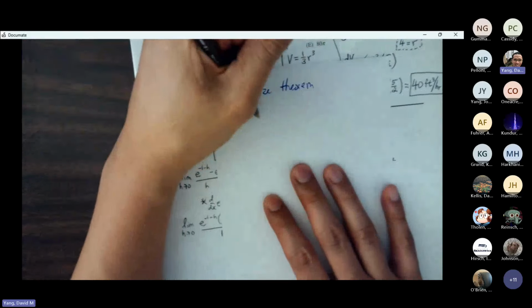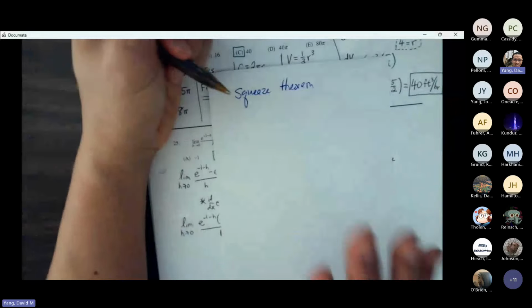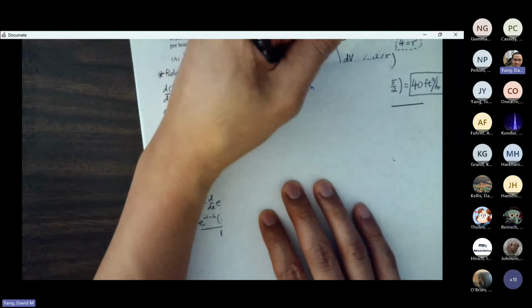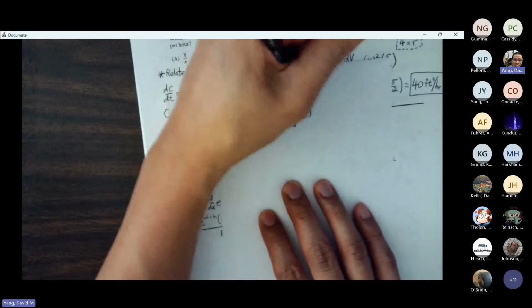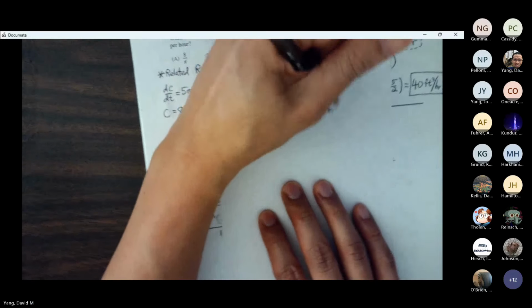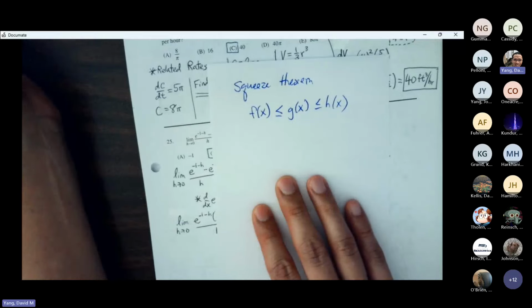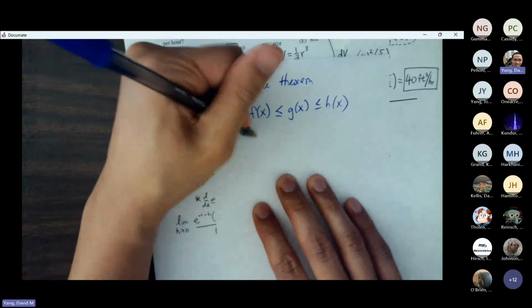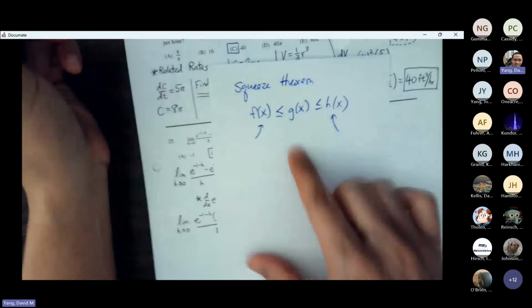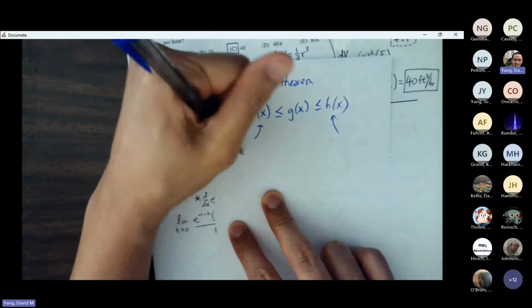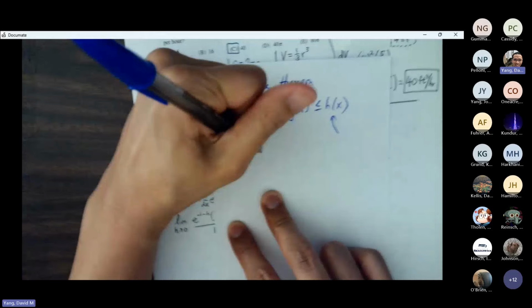Let's say I had, and they always have to establish this relationship, that there's 3 functions and there's going to be one that's going to be between. And let's say they gave you information about the outer ones, but they don't give you enough about the inner one. So let's say they say, the limit as x approaches 1 of f of x is equal to 4.